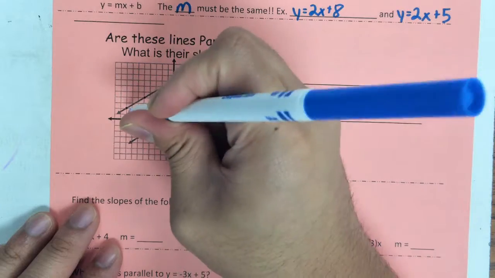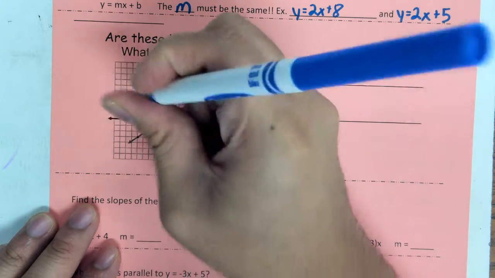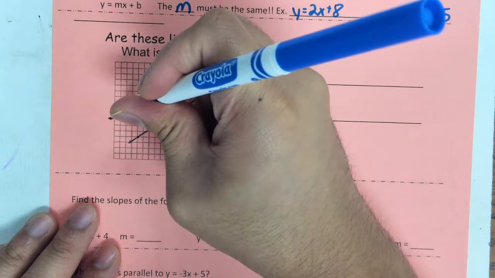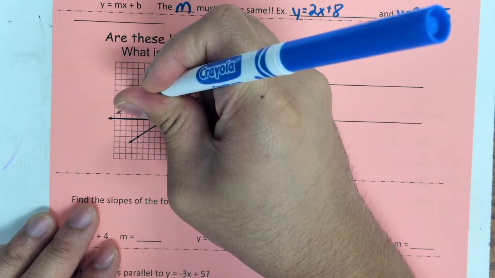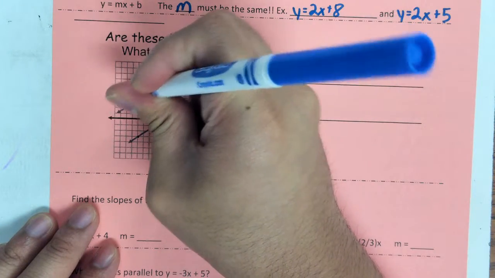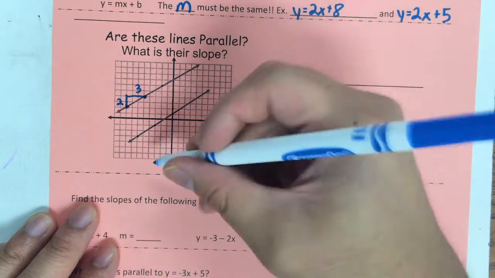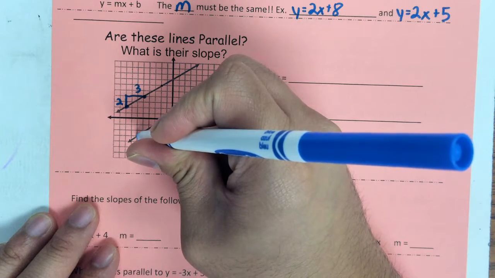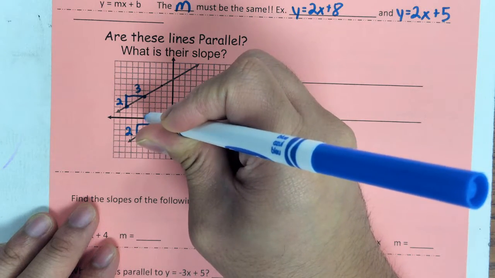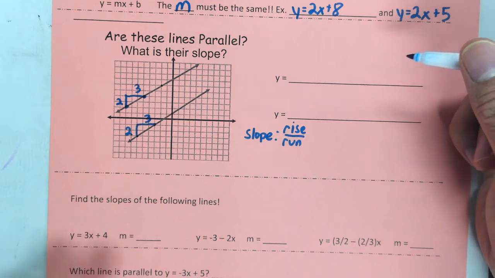So on my graph, from one point to the next point, we can count how far did I go up, and how far did I go over? That's up 2 over 3. Compared with my other line, which went up 1, 2 over 1, 2, 3. So they have the same slope. That makes them parallel.